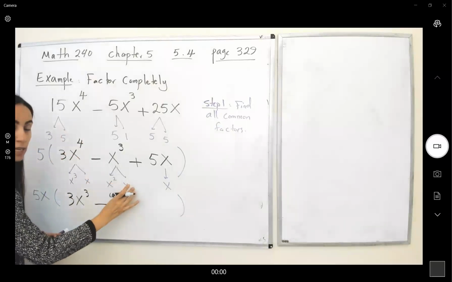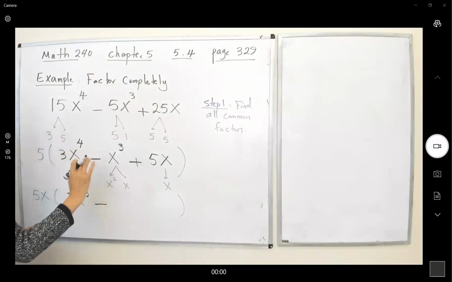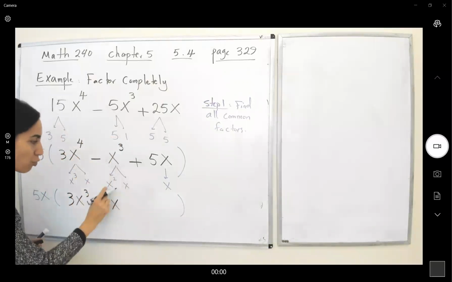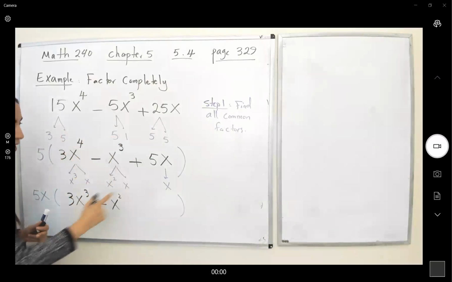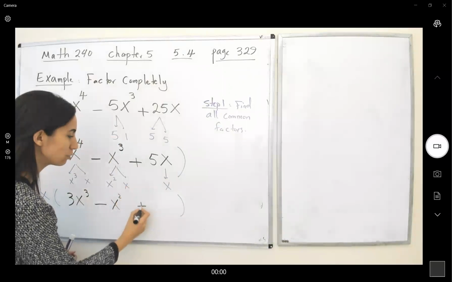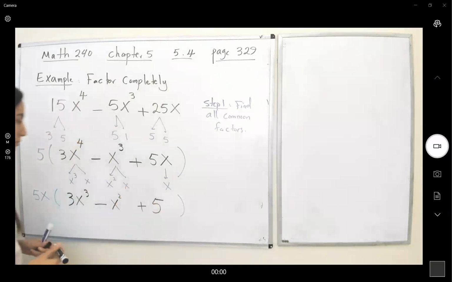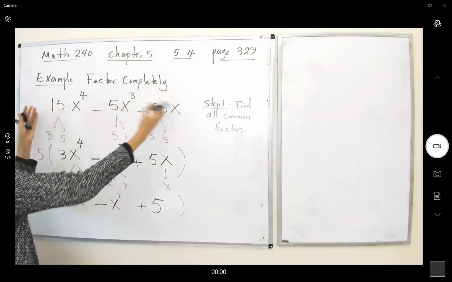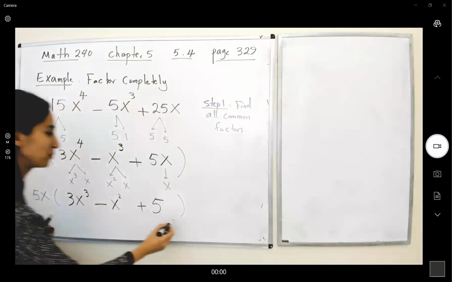Taking out x from x cubed, I'm left with x squared. And now between 5 and x, I'm taking out x and writing x outside parentheses, so I'm left with plus 5. This is the complete factorization of this trinomial.